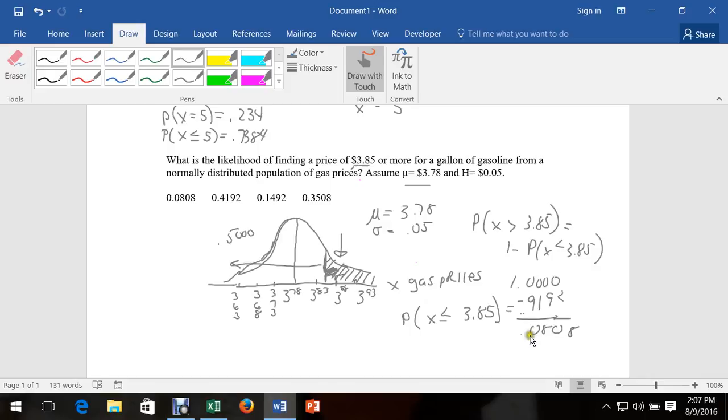That's the probability that x is greater than 3.85. And you can tell it's got to be a low number because it's in the tail here. There it is, 0.0808.